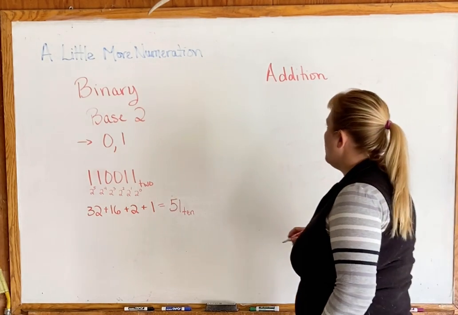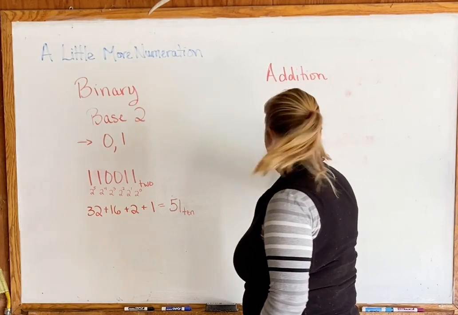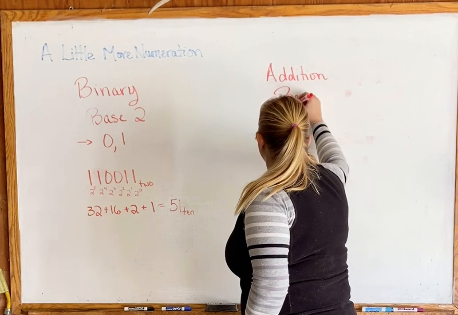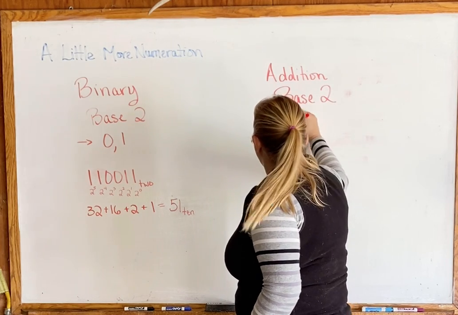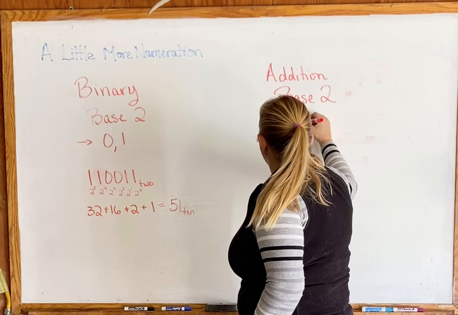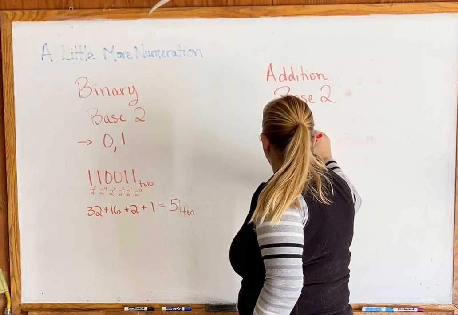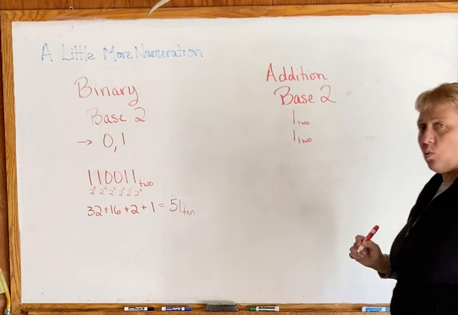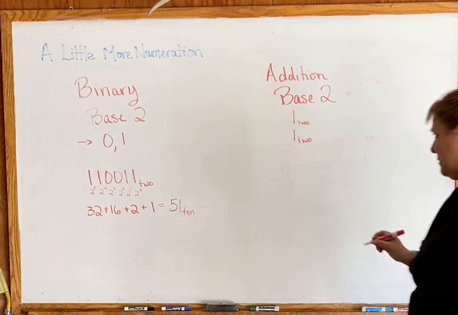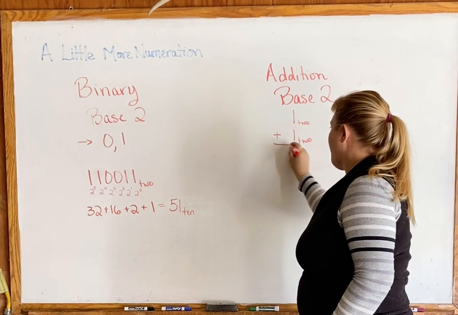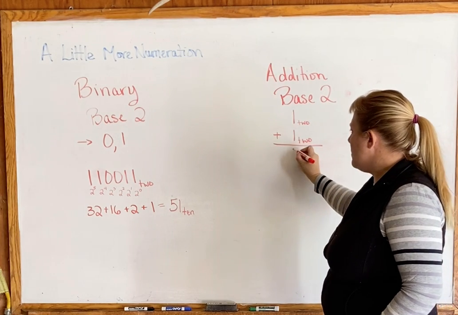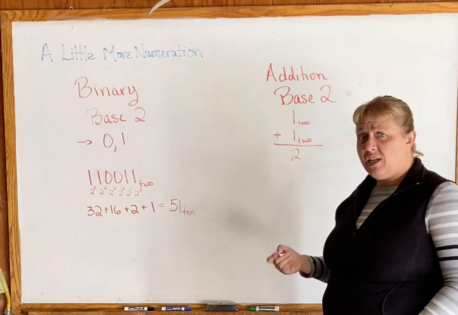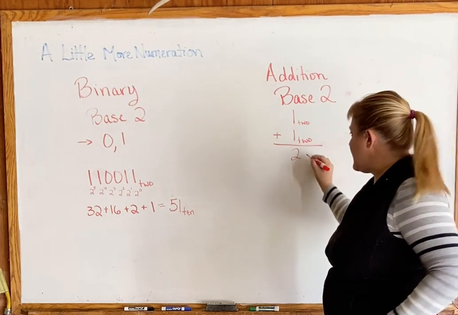So I'm going to start with a very, very simple one. And I can't stress this enough, that this is base 2. So if I use the number 1 plus 1, but we're in base 2. Now the idea is if you add those 2 together, we should get 2 if we were in regular base 10.